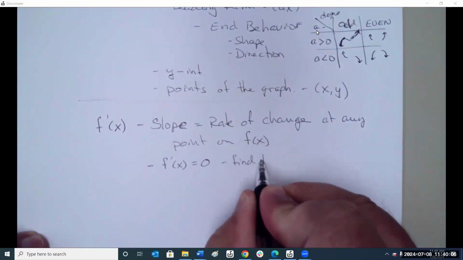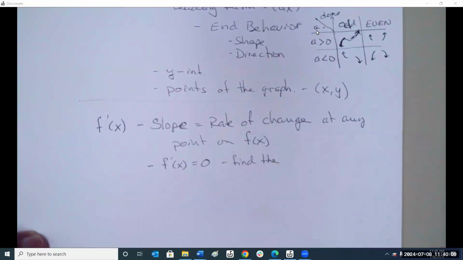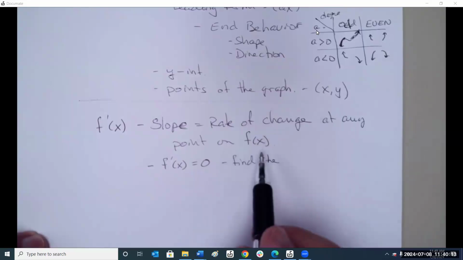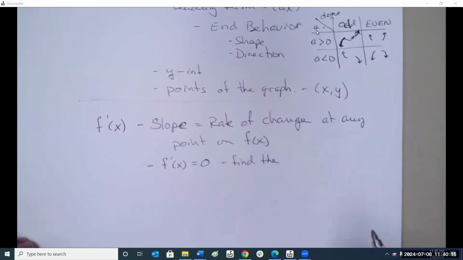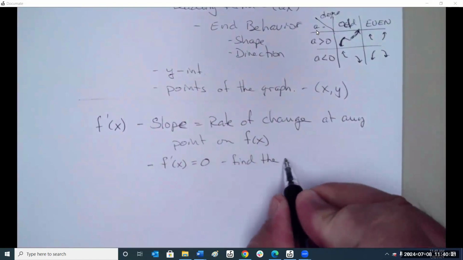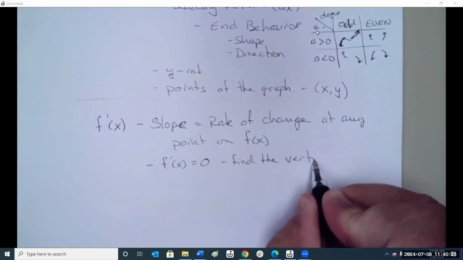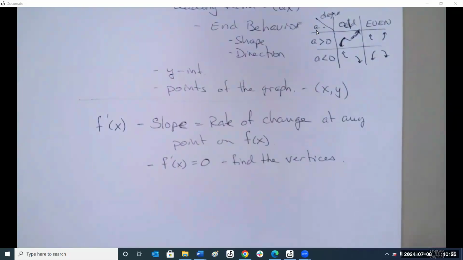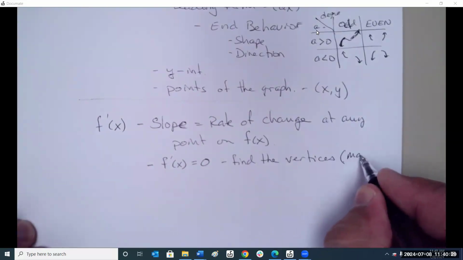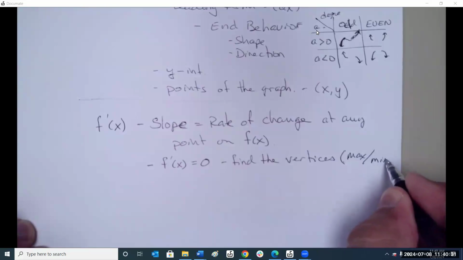Did you mean the instantaneous, or is that the same thing? It's the same thing. Because if it happens at one point, then it's instantaneous, not over a few points going down. So if we set it equal to 0, we find the vertices, which are the max, min.